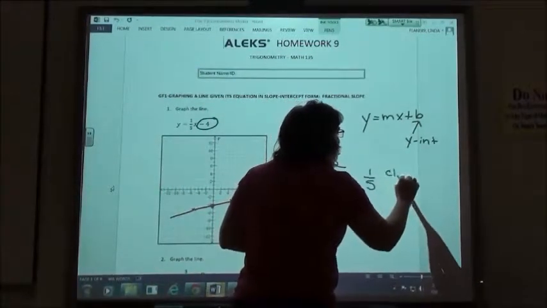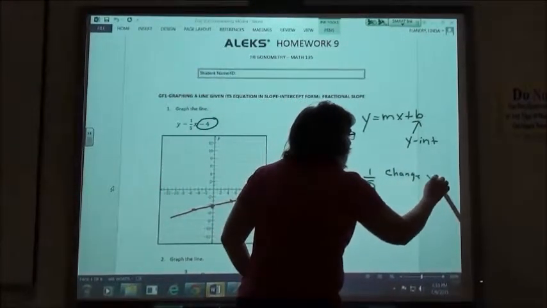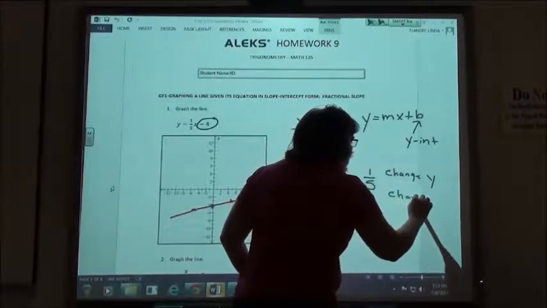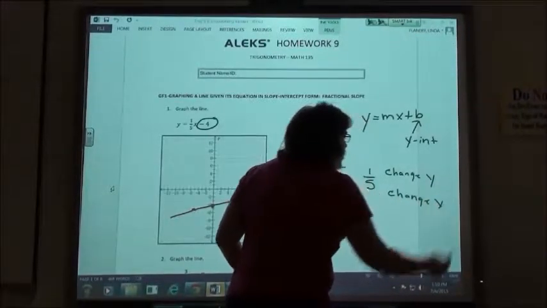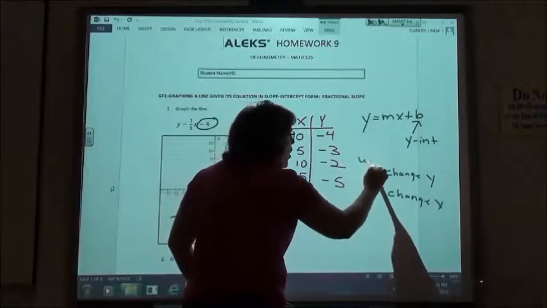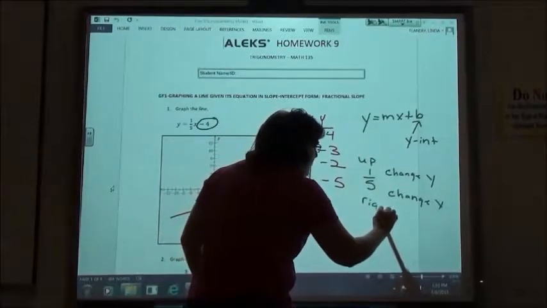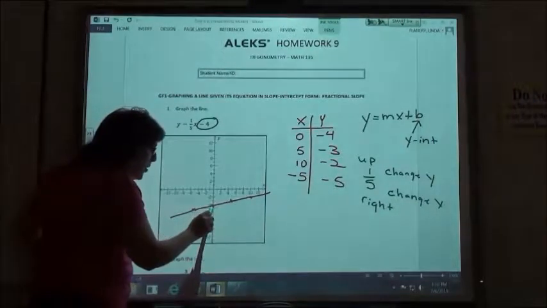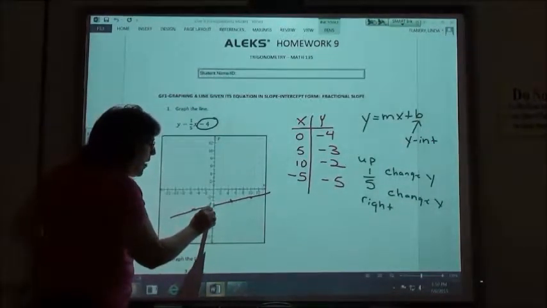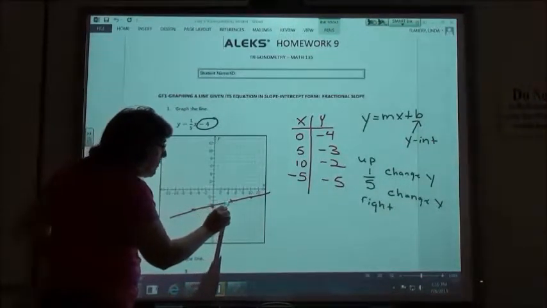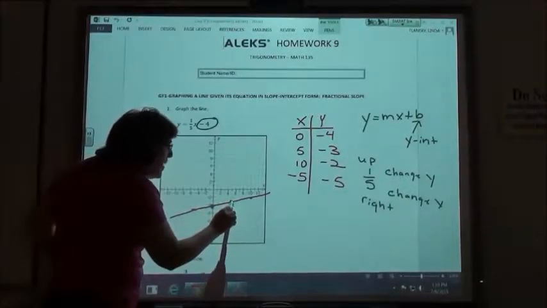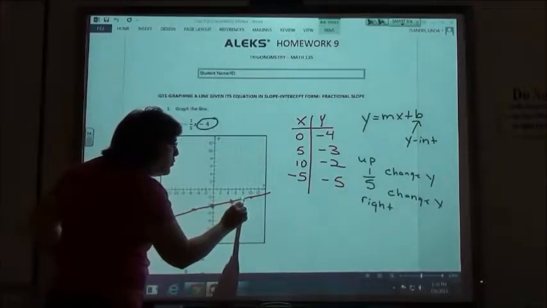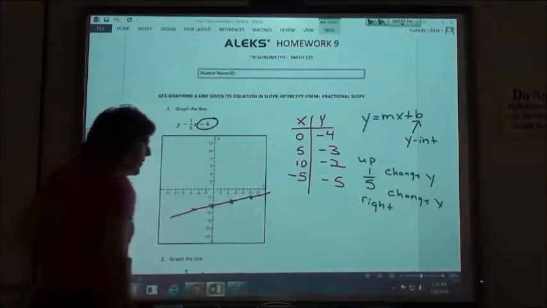We know that the top is the change in the y direction, the bottom is the change in the x direction, and so we're going to go up 1 and 5 to the right since they're both positive. So from that marked point, my y-intercept, if I go up 1 and over 5, there's my next point, and again up 1 and over 5, there's my next point.